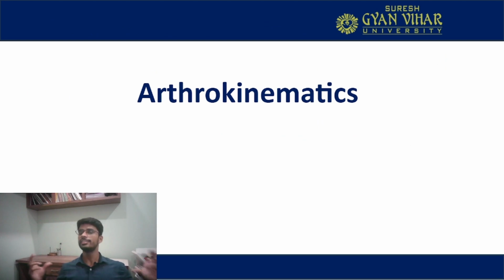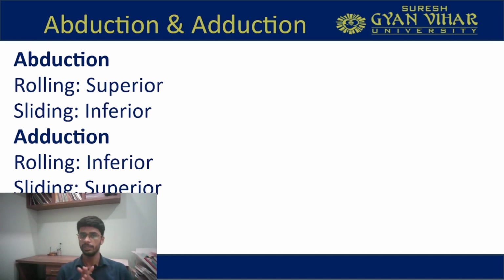Now let's see the other important concept, which is the arthrokinematics. I think you will understand this very quickly, because you all know about the convex-concave rule, which states that when the moving surface is convex, then the rolling and sliding will occur in opposite directions. If the moving surface is concave, then the rolling and sliding will occur in the same direction.